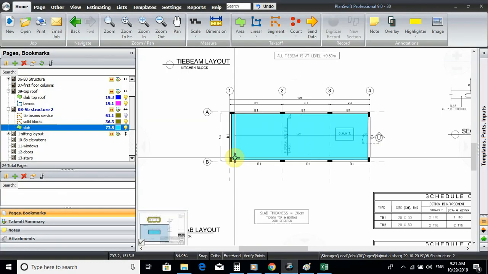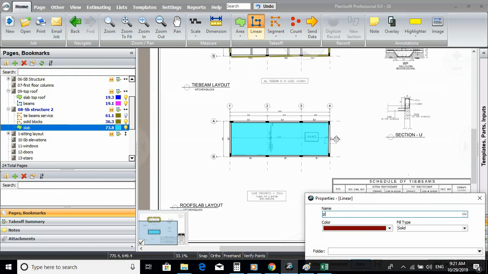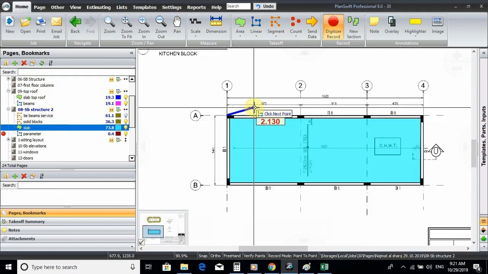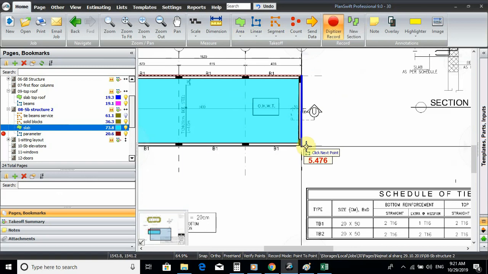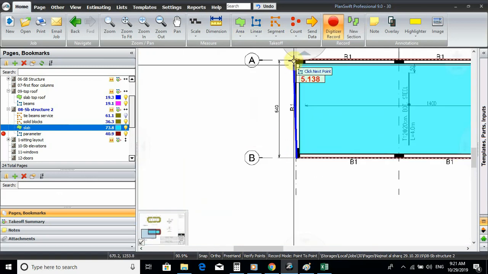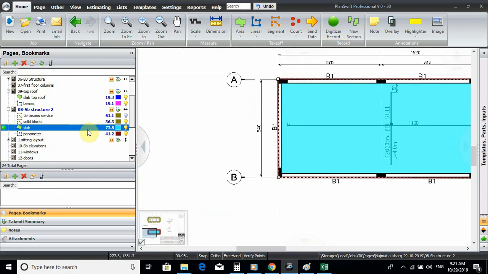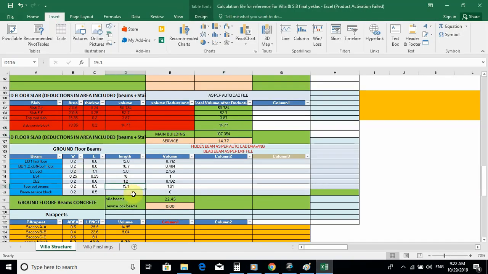And the beams, just the parameter here. And here it's done. 41.2, that's it. That's the slabs, that's the beam.